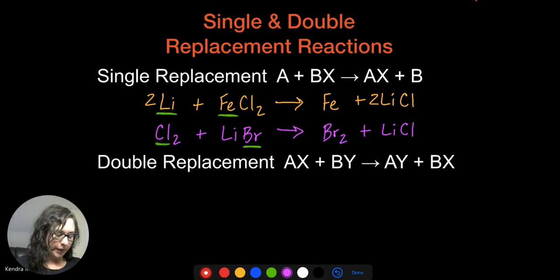For double replacement, this might be something like lead 2 nitrate, Pb(NO3)2, plus NaCl. I'd like to use this one as an example.